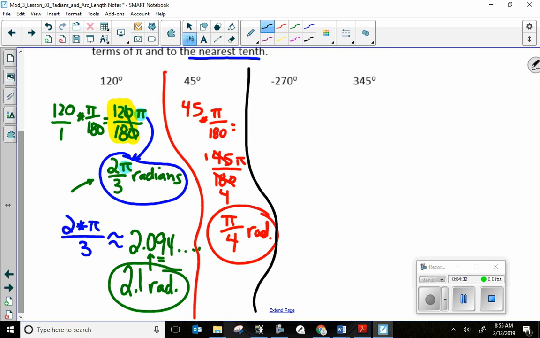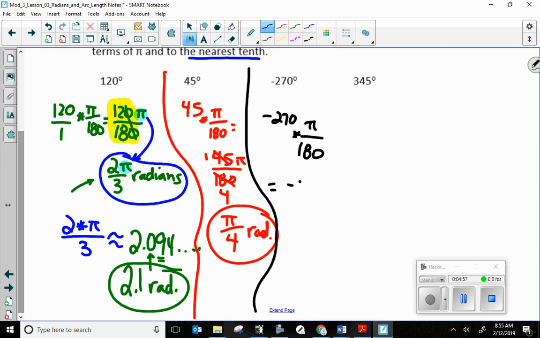Now, negative 270. Oh, I know what this is right now because I know how to graph sine, cosine, and tangent from 90, 180, 270, and 360. But let's still do this. Let's multiply it times pi over 180.